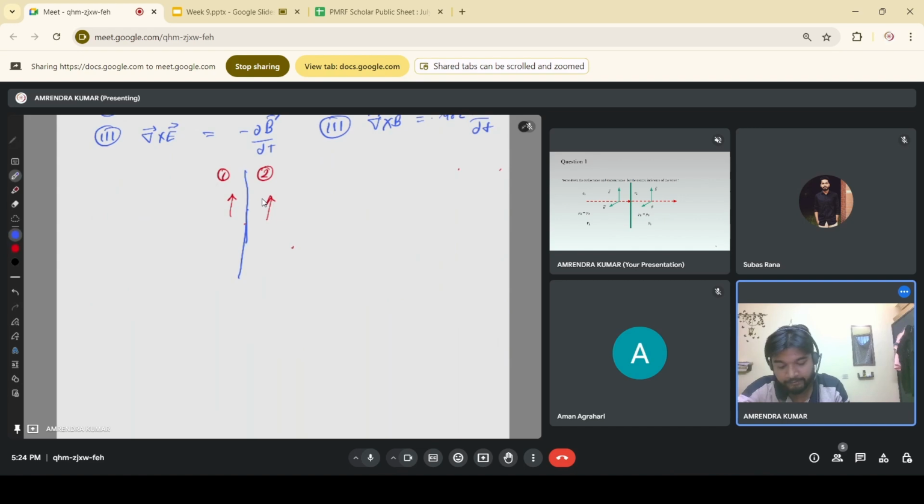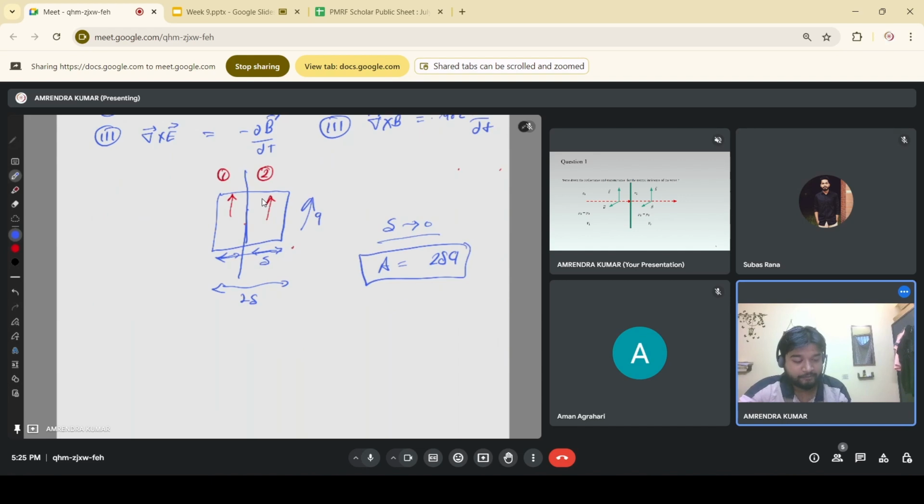You make a Gaussian surface parallel to this across the boundary, and then make delta go to zero, so this box will have zero area. Let's say the whole thing is 2 delta, and this is A, so the area is 2 delta into A. But if delta goes to zero, the area will also go to zero. Now keep this in mind.